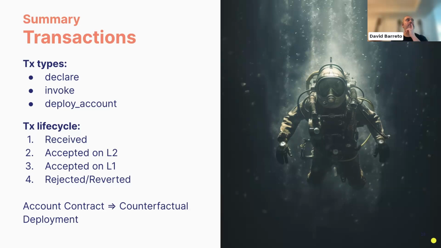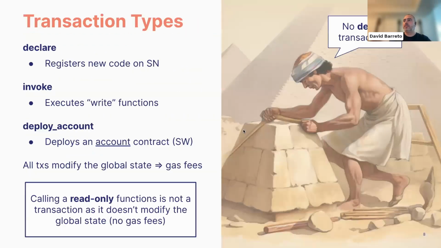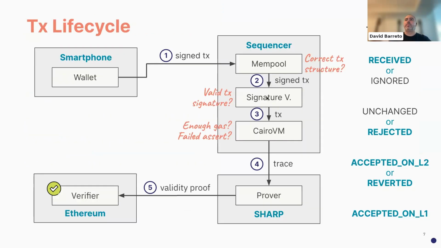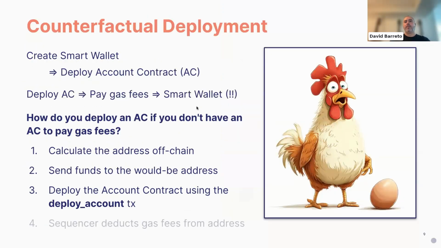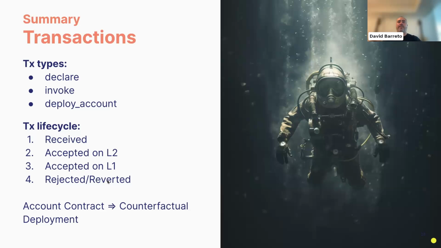Rejected is when it doesn't pass signature verification, basically. Reverted is if it fails during the execution, either because you ran out of funds to pay for gas fees or because you hit an assert that returned false. And remember, to deploy an account contract, you have to follow the counterfactual deployment process, right?